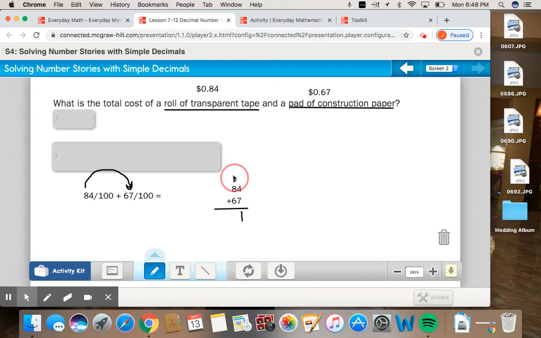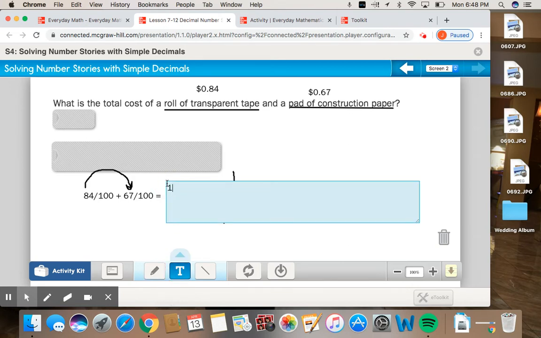I'm going to regroup, and then in my next column, I know 8 plus 1 is 9, 9 plus 6 equals 15. So I end up with 151 over 100. 151 hundredths, but I don't really want to leave it that way.